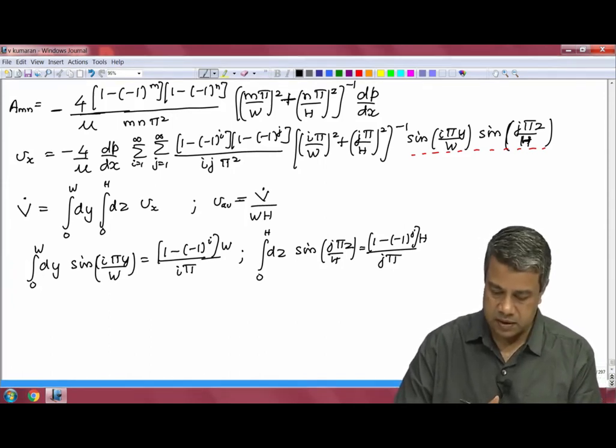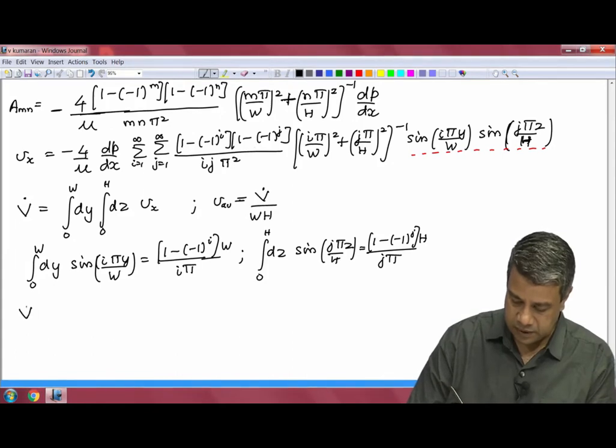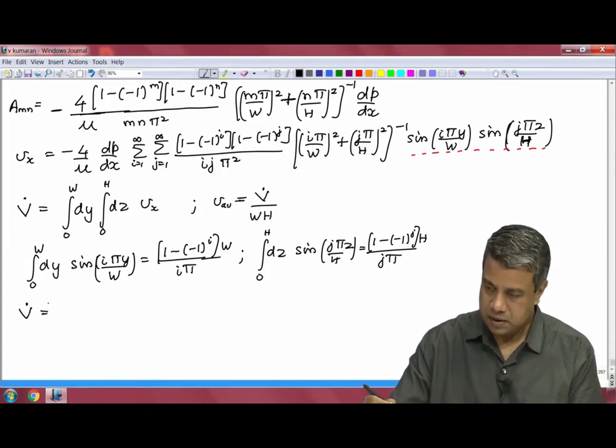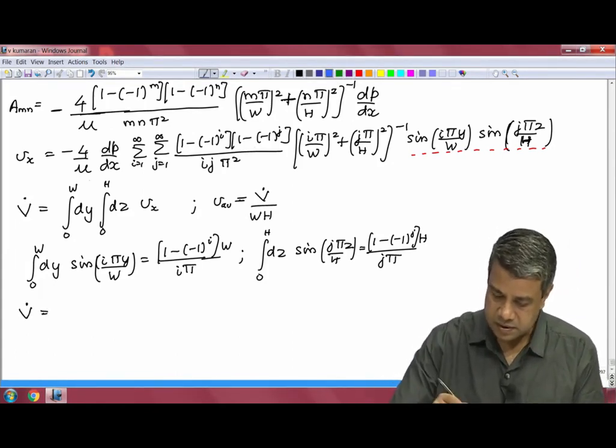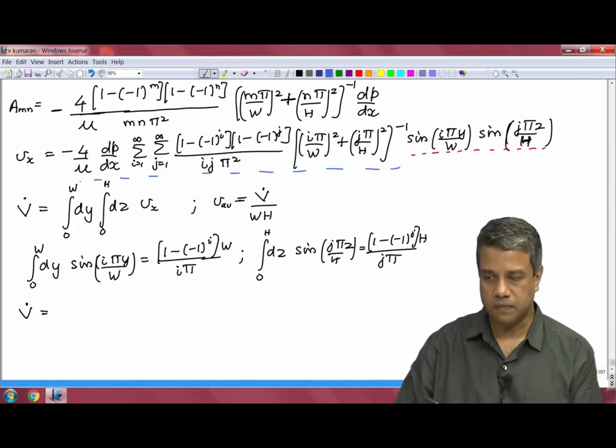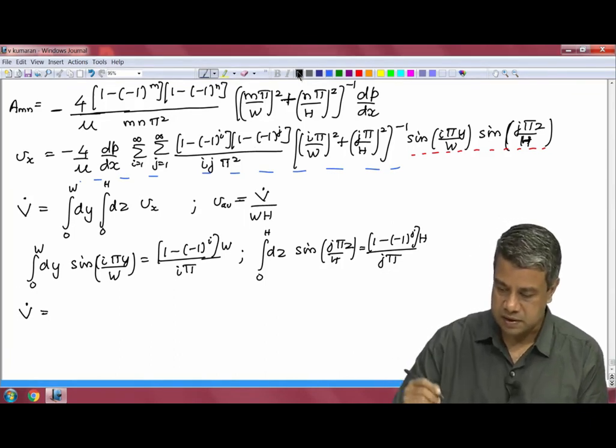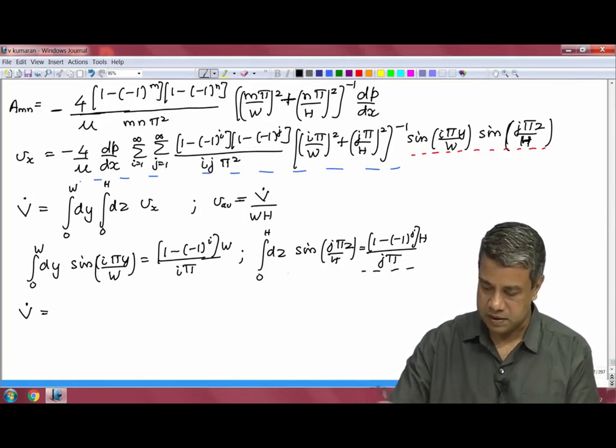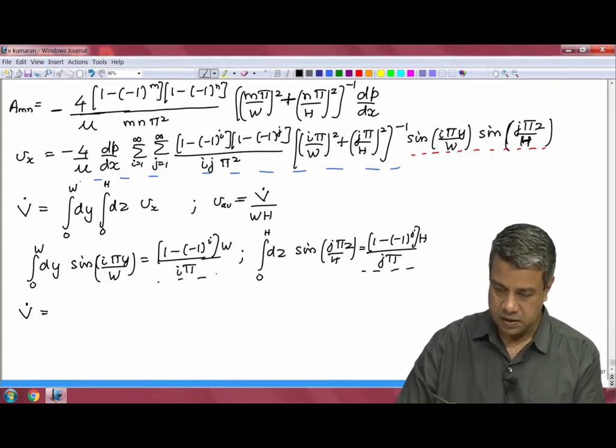Substituting that into these integrals, we will get that V dot is equal to all of these coefficients, which pass through unchanged because they are all independent of y and z. It is only the last sine functions that we have to substitute these expressions. So, we can do that.